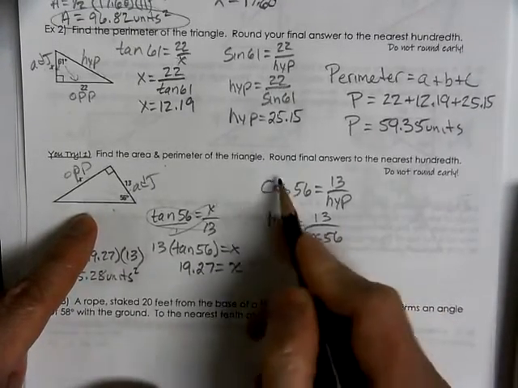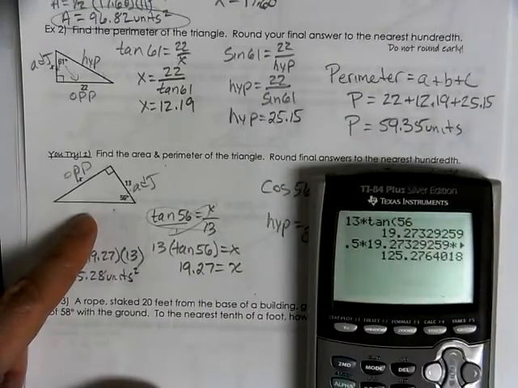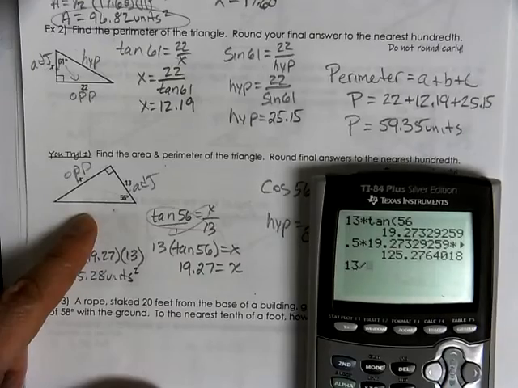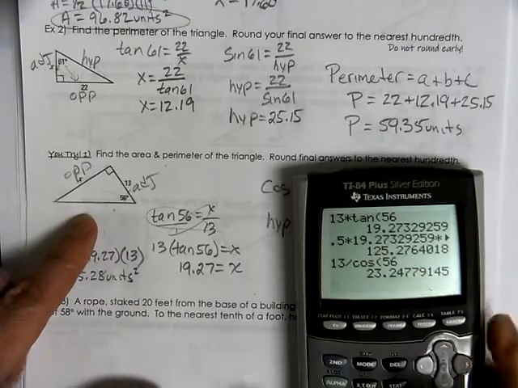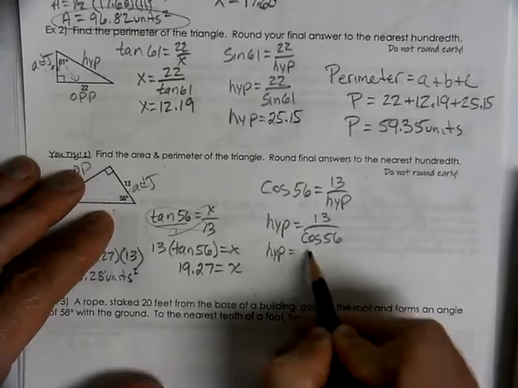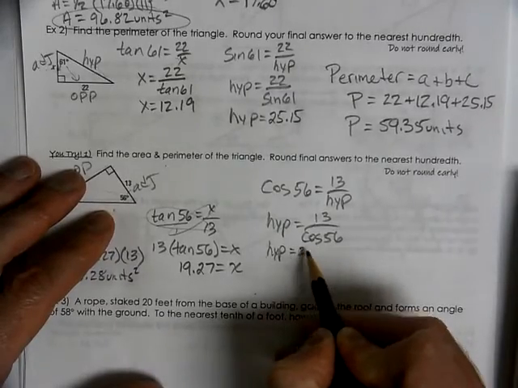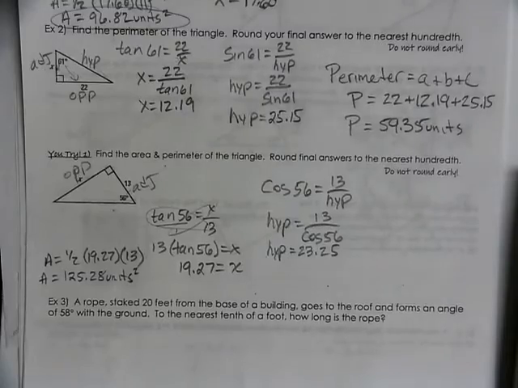Rather than multiply, then divide, we're here together anyway. So we have 13 divided by the cosine of 56. We get 23.25. So that's the length of the hypotenuse.